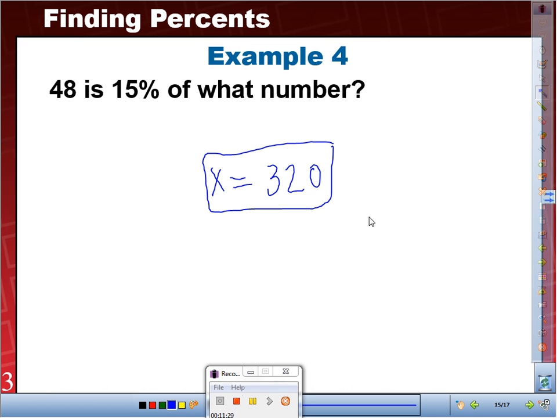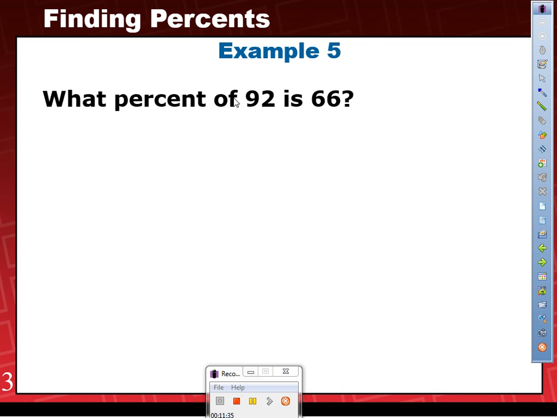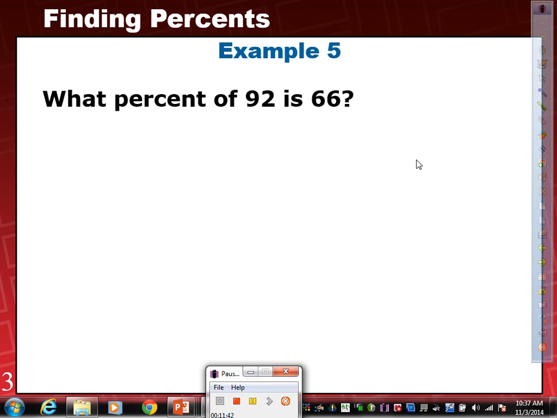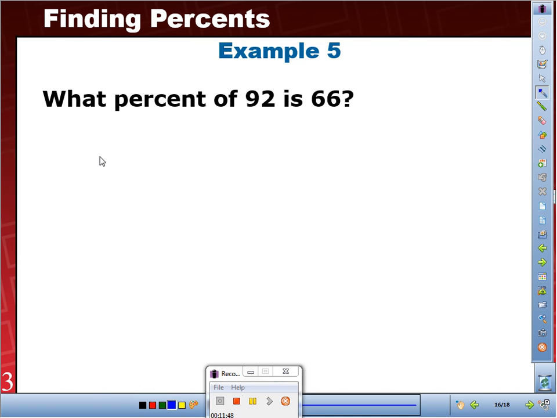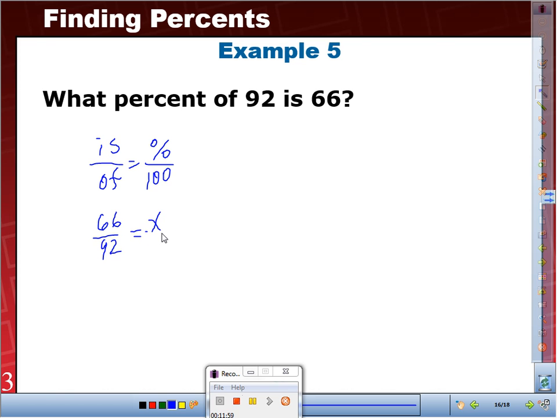Okay, here we go. Copy this next one down, please. Example 5. What percent of 92 is 66? Go. Focus, please. I'm going to go over this one. This is over of equals percent over 100. So we have 66 over 92 equals x over 100.